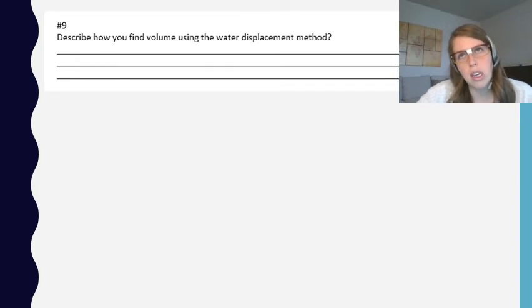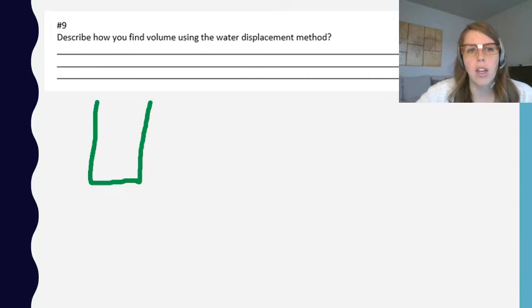I hope this one is easy because of the last question. Describe how you find volume using the water displacement method. But I can explain it again. Get a cup. Fill it up to a certain amount of water that you know.